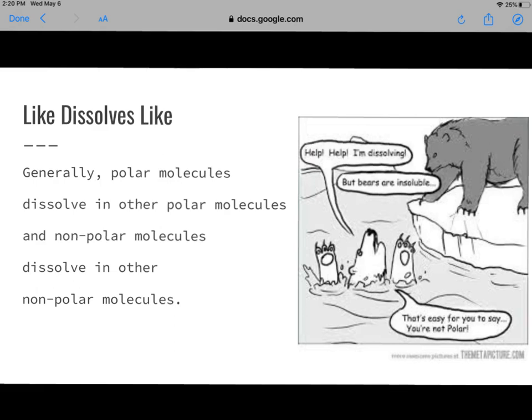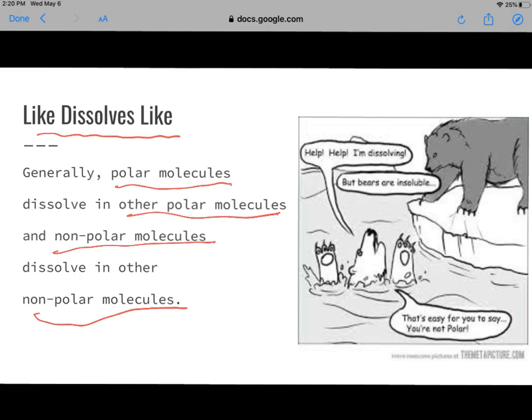One important effect of the polarity of molecules is dissolving or mixing. Generally, we say like dissolves like, where polar things can dissolve other polar things and nonpolar things can dissolve other nonpolar things.